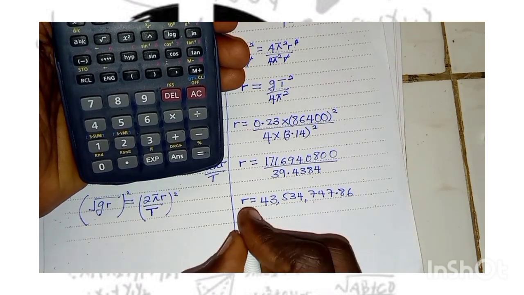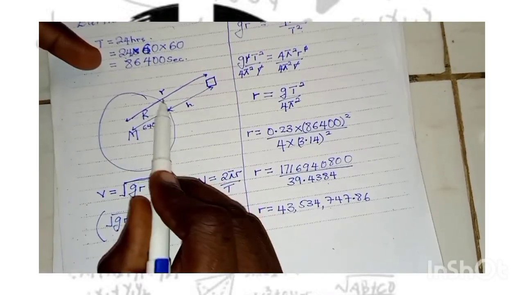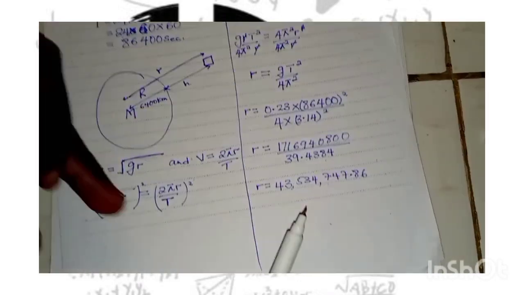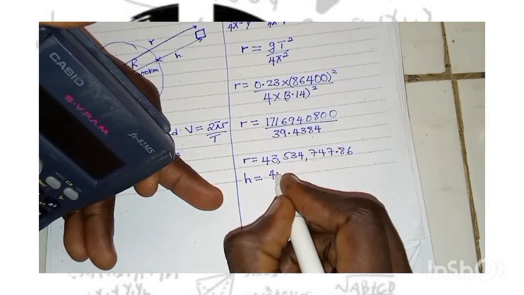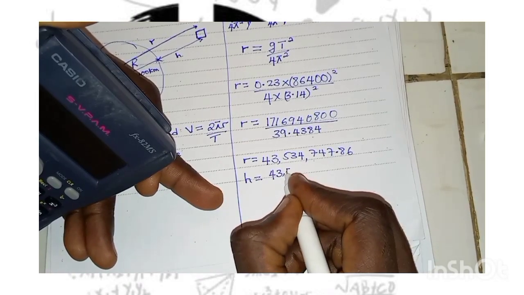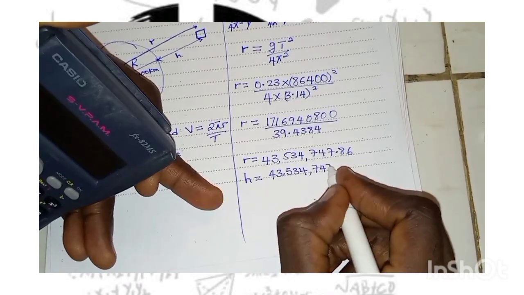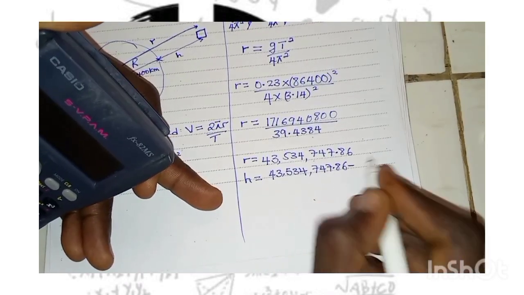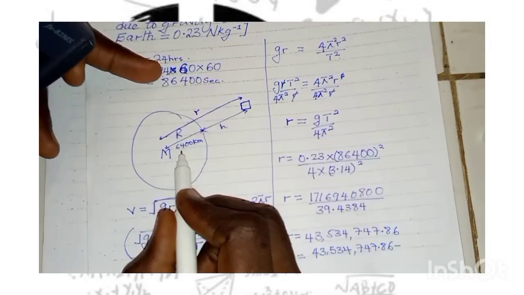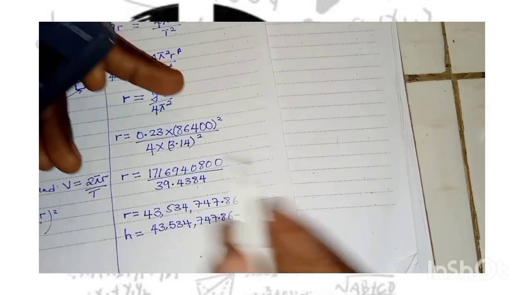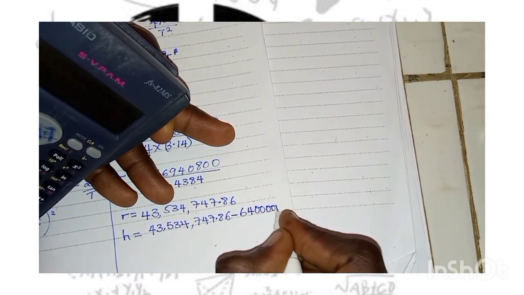That is 43,534,747.86 meters. Remember, from the diagram here, if we want to get h, we say h equals r minus the radius of the Earth. So the height above the surface will be 43,534,747.86 minus the radius of the Earth, which is given in kilometers. That is 6,400 kilometers, which is the same thing as 6,400,000 meters.